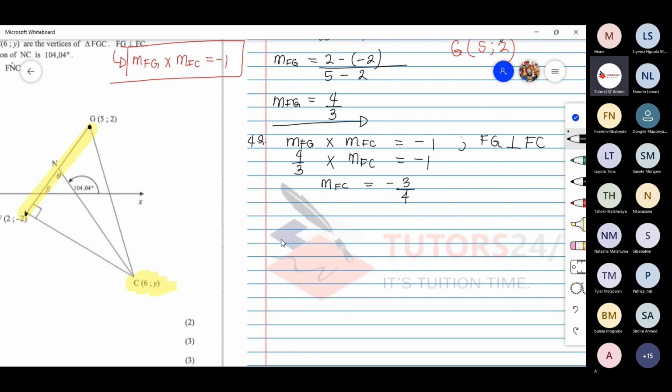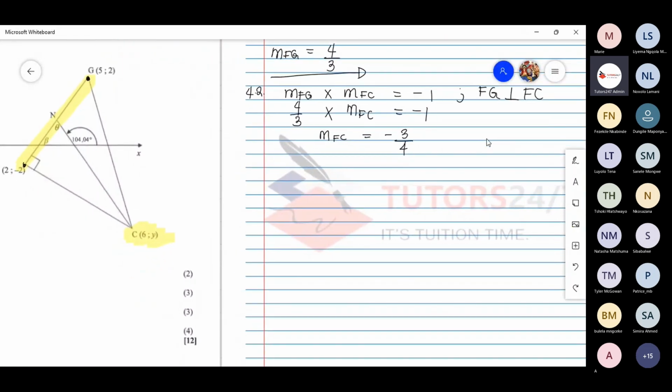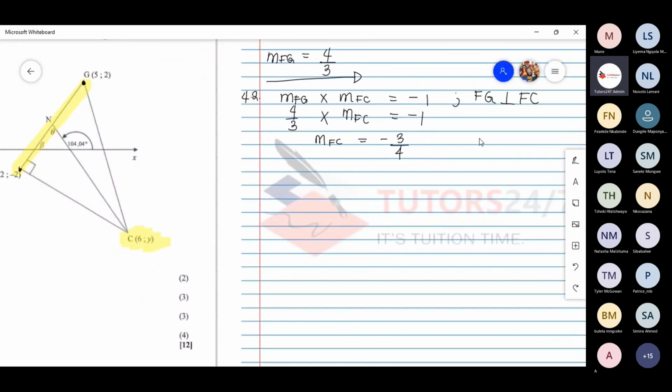Okay, now we are going to use this gradient of FC to calculate the y value of C. So let us first get our coordinates that we are going to use. Remember, when we calculate gradient, we use two coordinates. So in this case, we're going to use the coordinates of F, which is 2 and -2, and the coordinates of C, which is 6 and y.